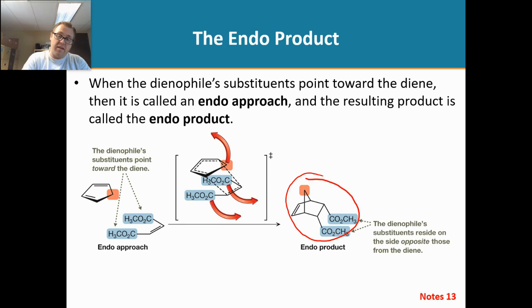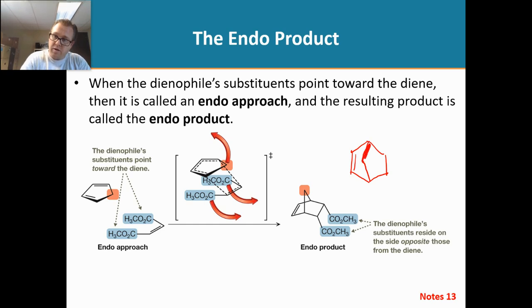I want to take this molecule here and draw it this way so you can see it in a different way. So we're forming our six-membered ring here. Let's draw this and then that.